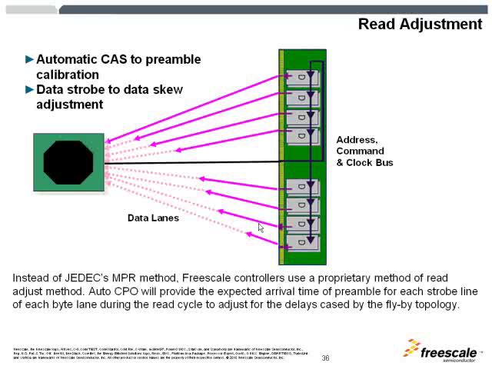So in our controller we have a timer for each byte lane, denoted by the CPO value, whereby we tell the controller when to expect each of these byte lanes to arrive, and hence we compensate for the skew that was introduced by the flyby topology.